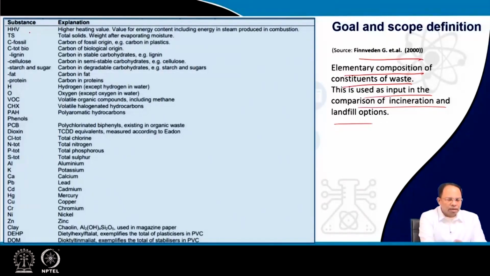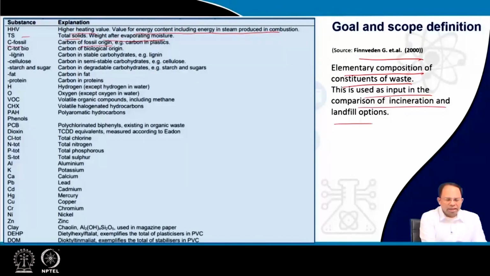For example, this TS is the total solid, that is weight after evaporating moisture. HHV is the higher heating value. This is the value of energy content, including energy in steam produced in combustion. C fossil is carbon of fossil origin.